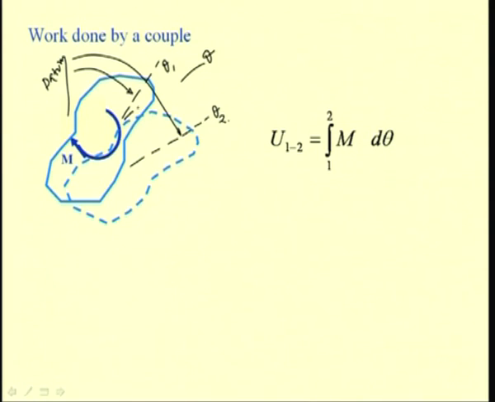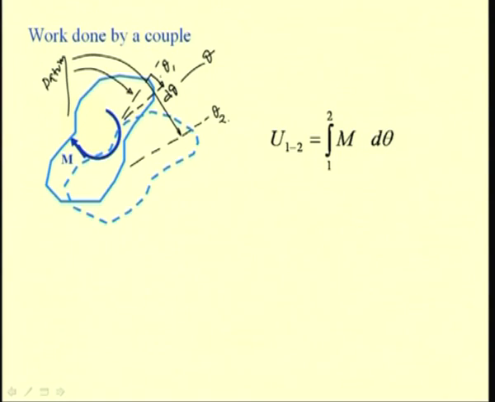So, let us say this is the incremental displacement d theta. Then from our earlier discussion, we know that the work done for this incremental angular displacement d theta is M dot d theta, where both of these are vectors, and for the planar case we have seen that this is either positive or negative depending upon whether both the moment and the angular displacement are in the same direction or in the opposite direction.